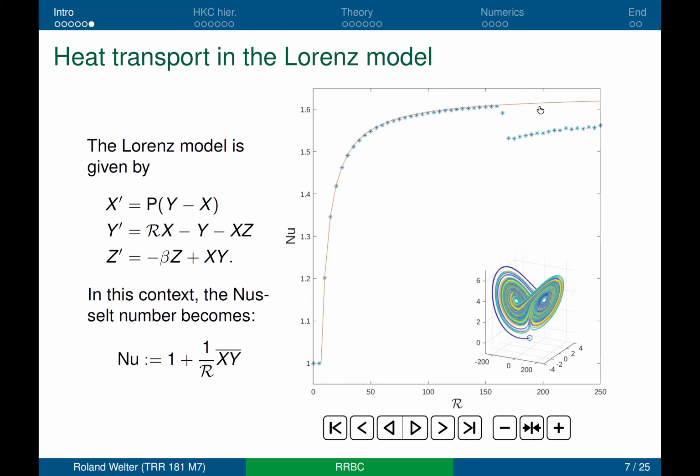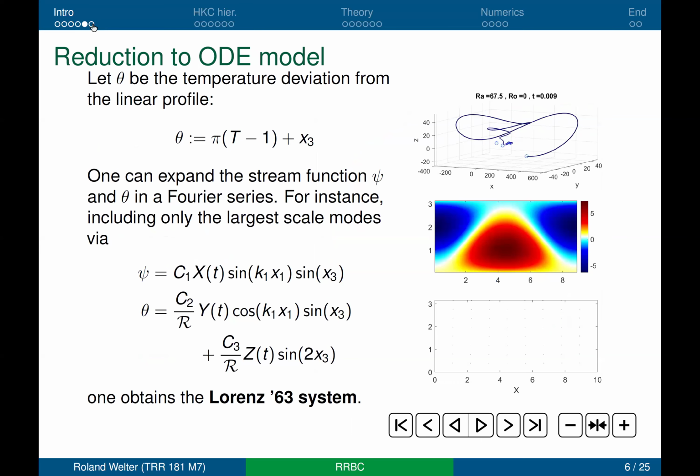This is because the fluid is using more energy, moving around in a turbulent way, than would be transported if it were in some kind of nice regular fashion. Okay, so these are the lessons that I wanted to point out for the Lorenz model.